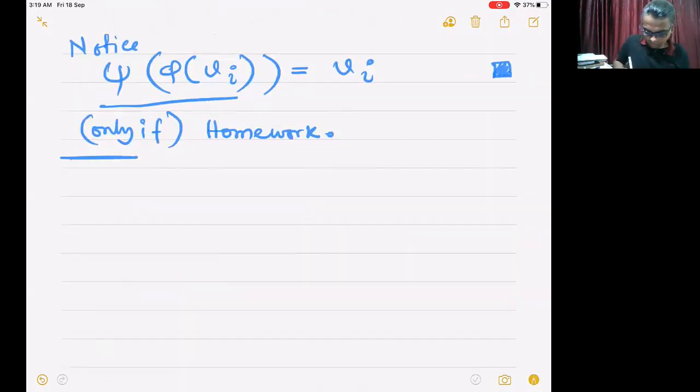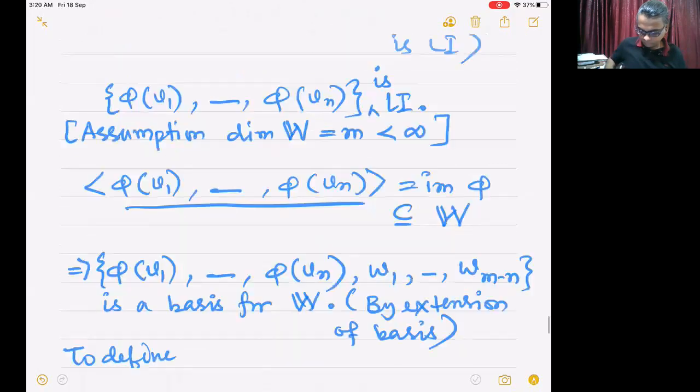So now let us go back to this other idea of right inverse that we write as another proposition.